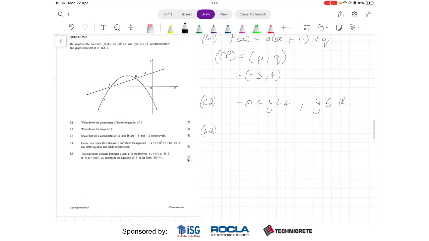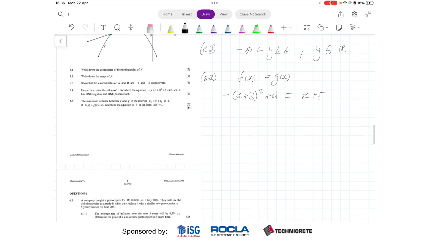For this, all we need to do is equate our functions f(x) = g(x), because when you look at the graph, our functions are equal at the points of intersection, A and B. So we have -(x + 3)² + 4 = x + 5. Expanding, x² + 6x + 9, all plus 4, equals x + 5.